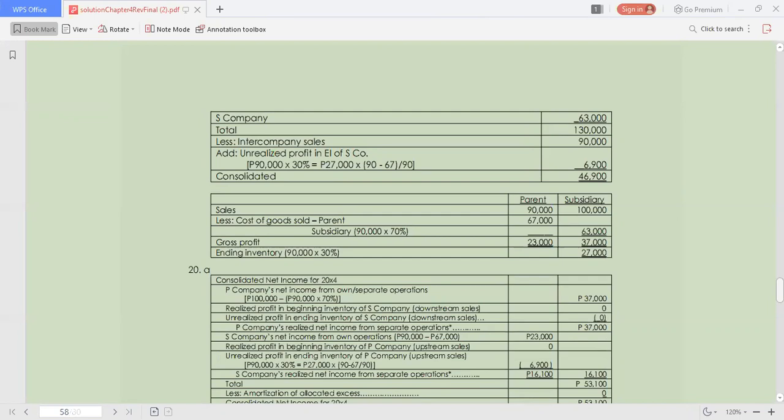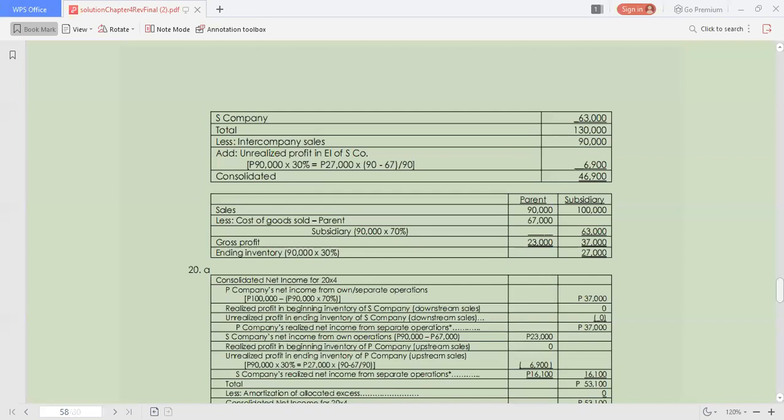So we now get the difference of 23,000. In the books of the subsidiary, we have sales of 100,000 minus 63,000 being the cost. So we now get the gross profit of 37,000. Now the ending inventory is 27,000. Now the ending inventory is 90,000 multiplied by 30%. That's the inventory left at the end of the period.